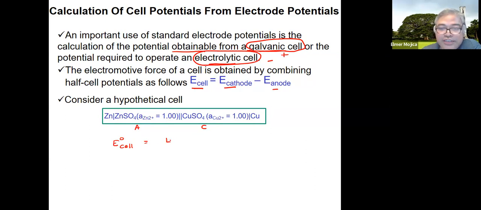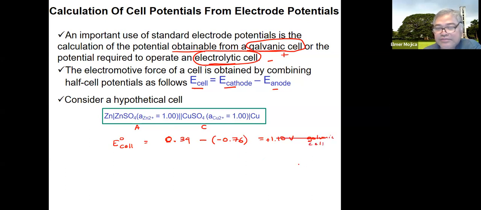So we can assign the value here of your cathode as 0. Still remember what it is? 34. And then this one is negative 0.76. So you end up with 1.1 volts.